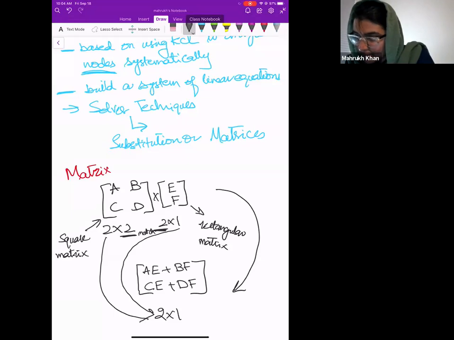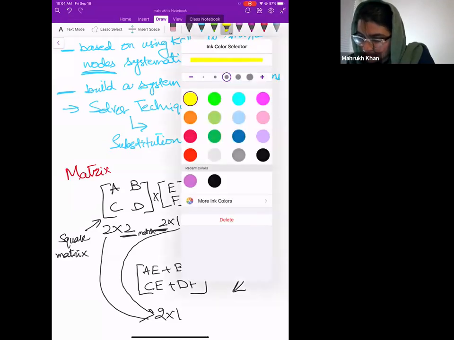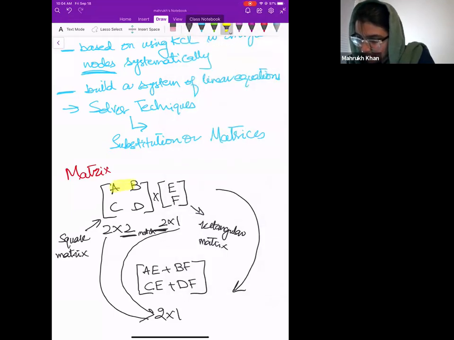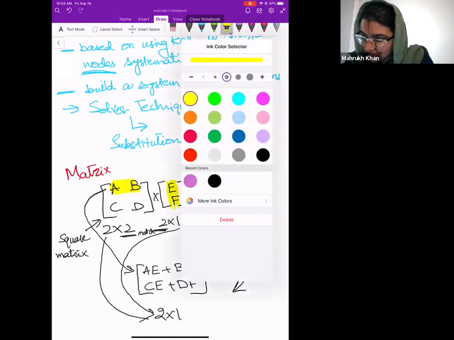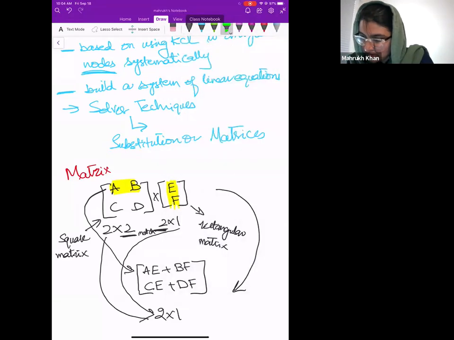So what I did is this multiplied by this in the first row, and in the second, this multiplied by this.